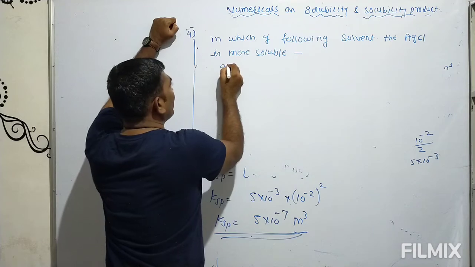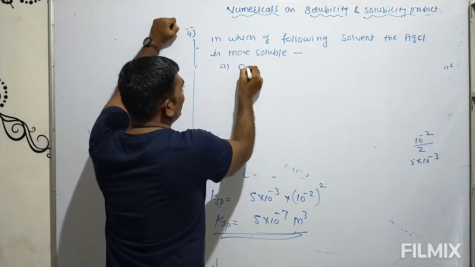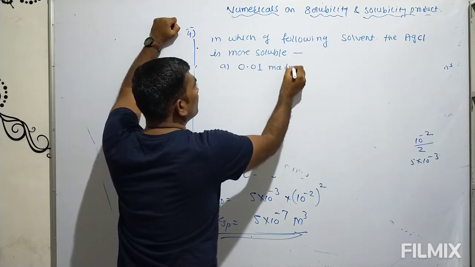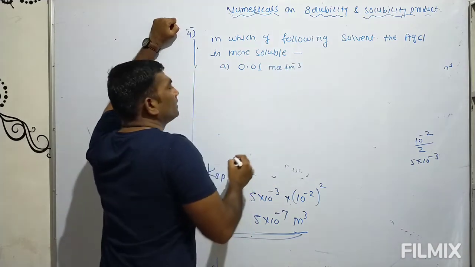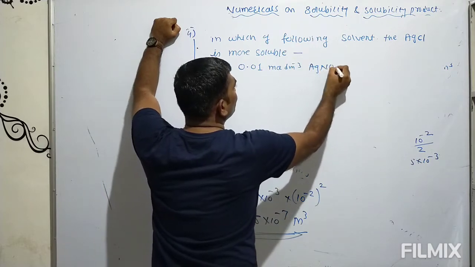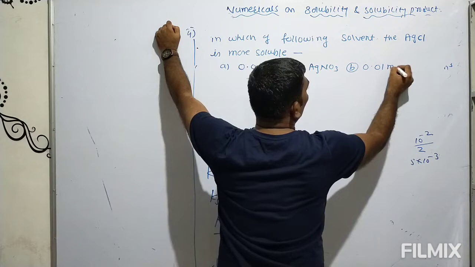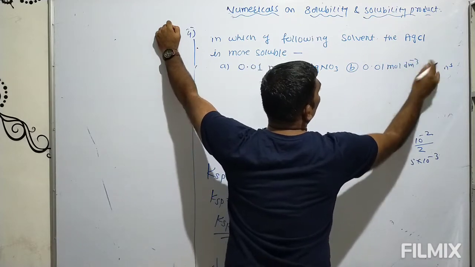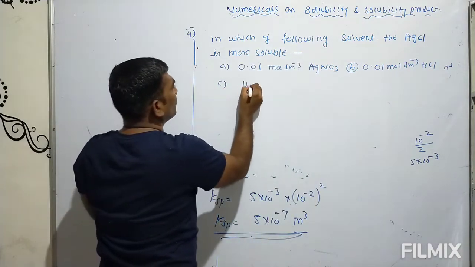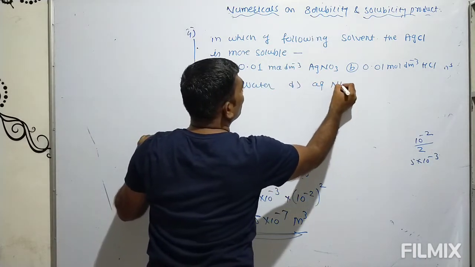The solvents are: A, 0.01 mole per dm cube AgNO3. B, 0.01 mole per dm cube HCl. Option C is water, and option D is aqueous solution of ammonia.